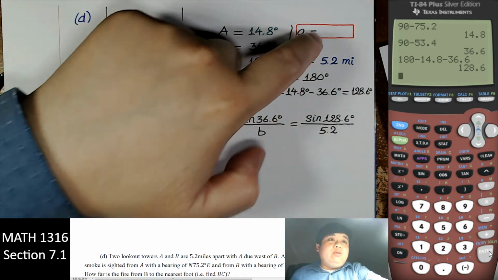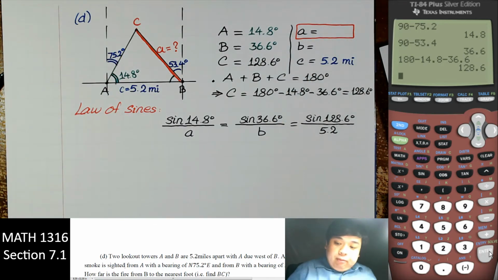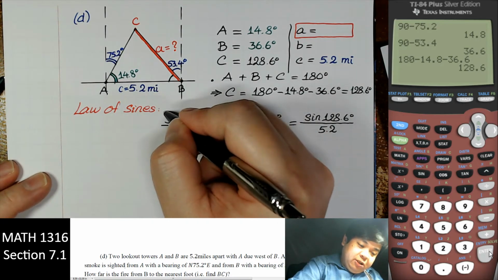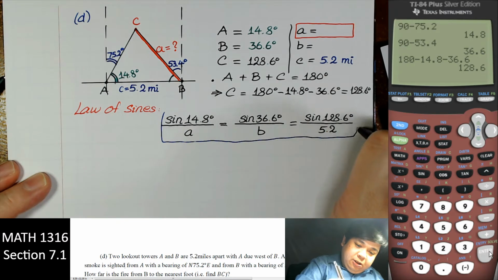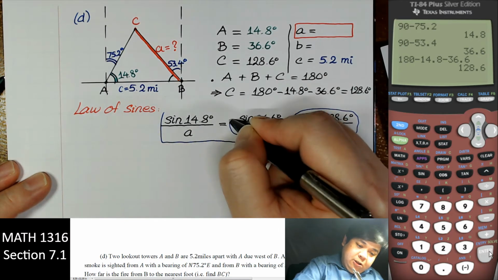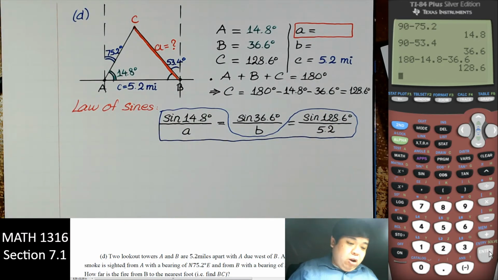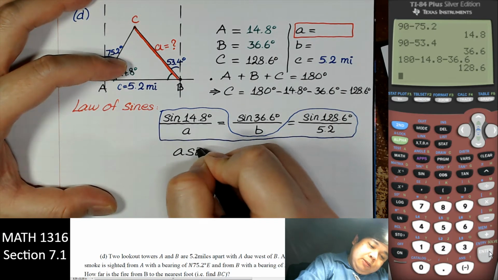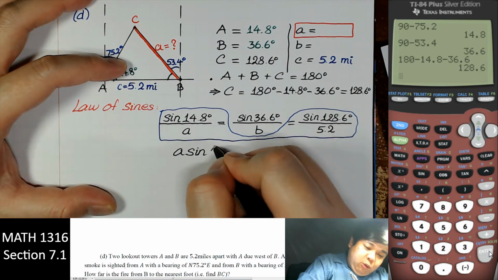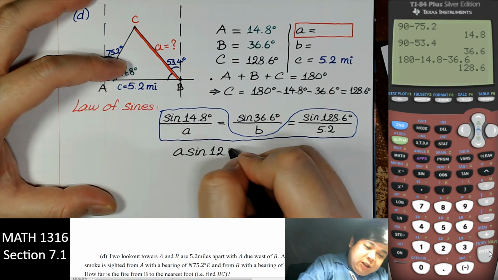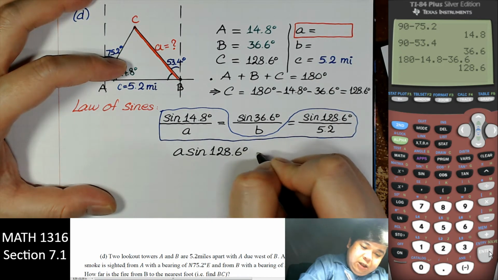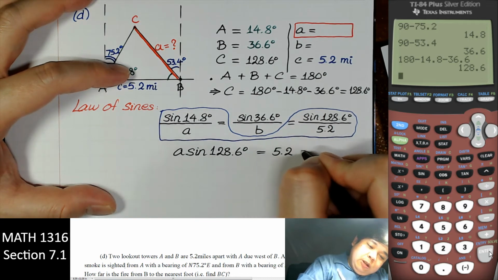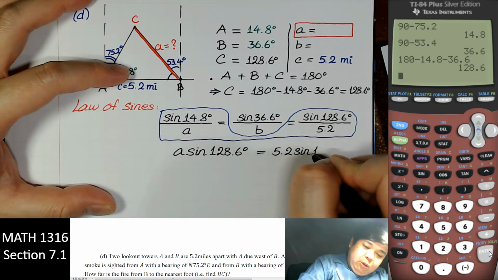Only need to find a though. So take the first ratio and the last ratio and cross multiply. a sine of 128.6 equals 5.2 sine of 14.8.